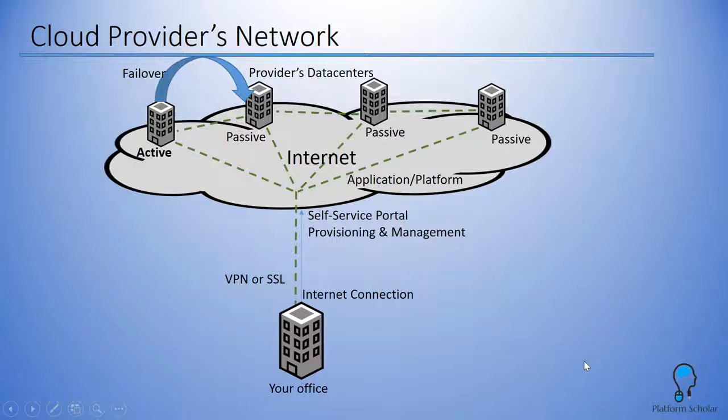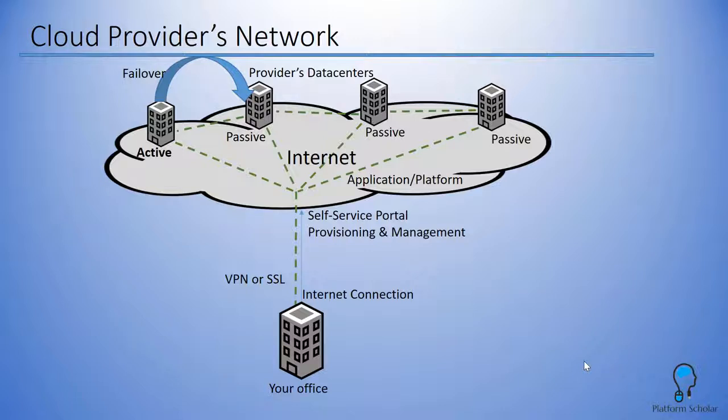So in order to deliver a service, whether it's infrastructure as a service, platform as a service, or application as a service, in a highly available manner, service providers normally employ multiple data centers. Sometimes there is one active data center with standby data centers that are ready to take over in the event of a failure. Sometimes there are multiple active data centers all existing simultaneously, although this can be fairly tricky and is only reserved for certain workloads.